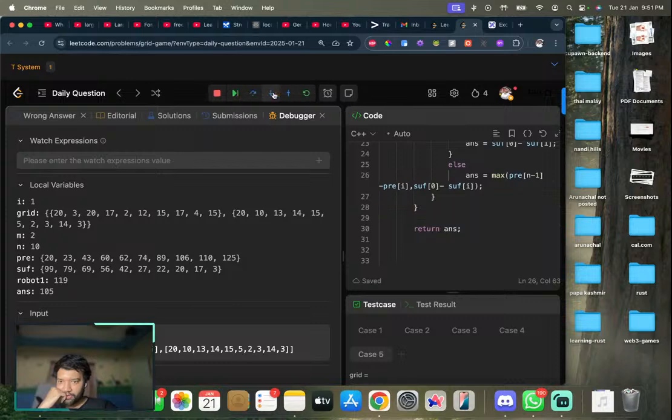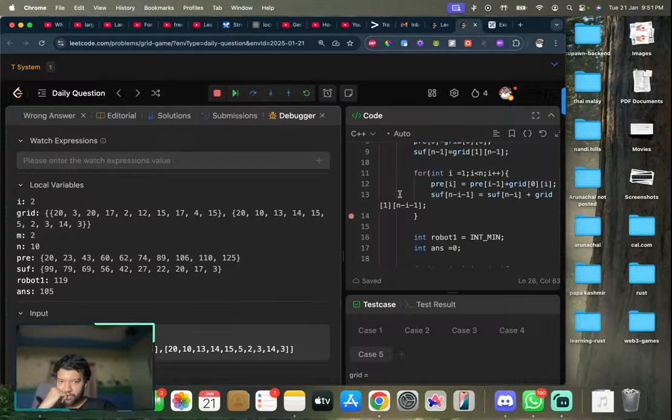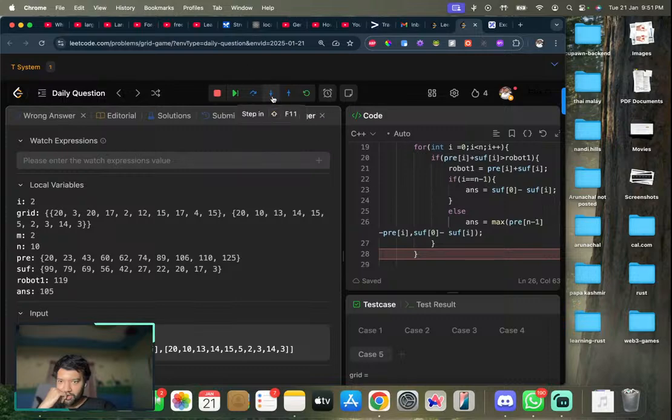Yep. 43 plus. This will also not go. Oh, 116 will not go. 104 will not go.